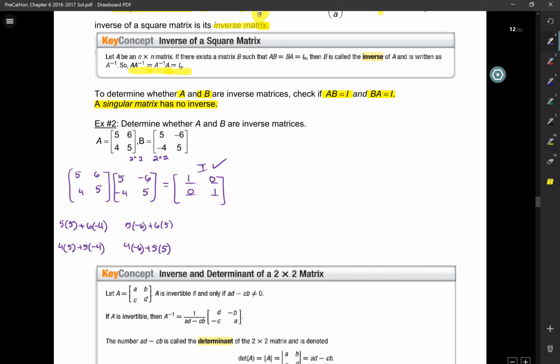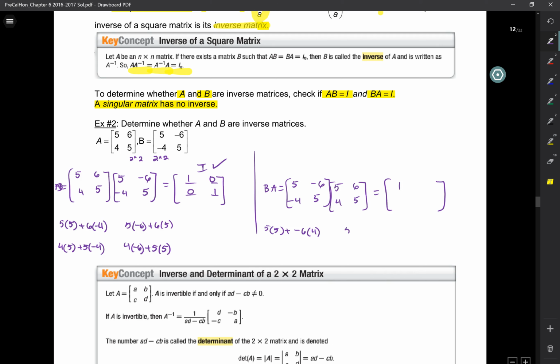Now, let me do B times A. So this was A times B. Now let's do B times A. Well, that's going to be [5, -6; -4, 5] times [5, 6; 4, 5]. Okay? All right. So first row, first column, I get 5 times 5 plus negative 6 times 4, that gives me a 1.